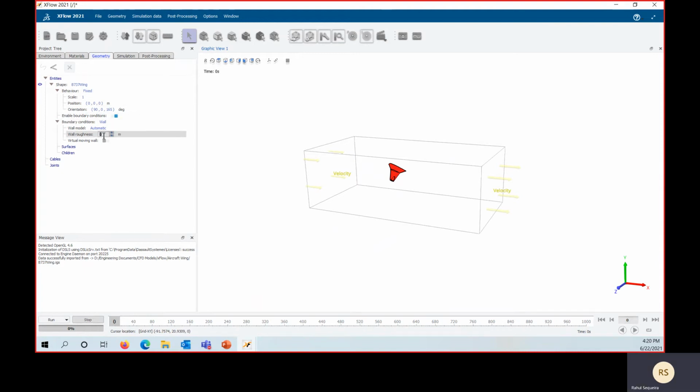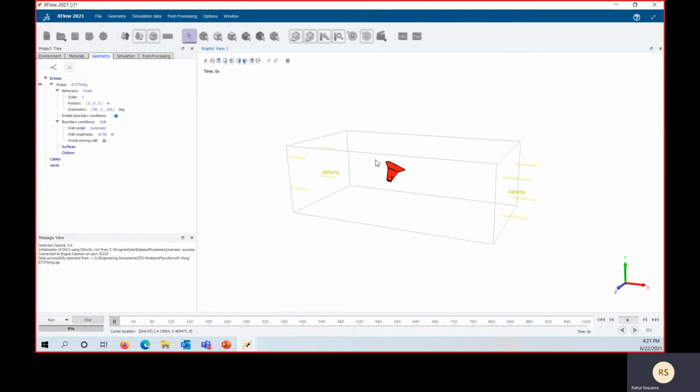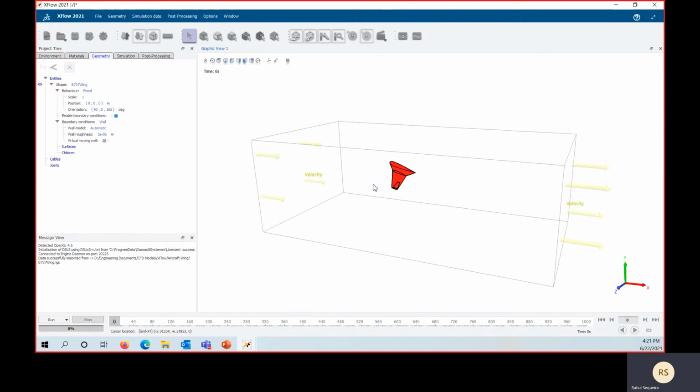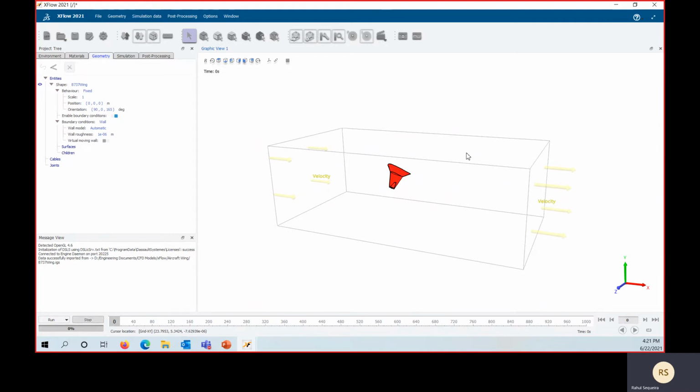And since I know that aircraft grade smoothness is 1E minus 6, I'll keep wall roughness at that height. And this effectively completes the geometry process of that aircraft. I've kept the scale as 1 because I've already imported the CATIA part in meters.